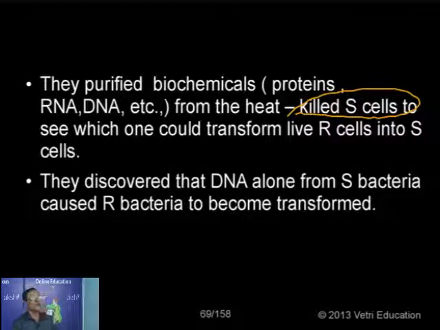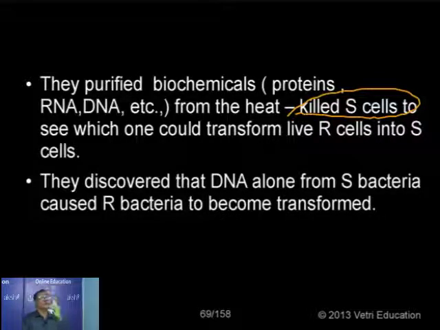In order to find out which could transform the R cells into S cells, which is the transforming principle, whether the RNA, the protein or the DNA, they purified them. By means of the centrifuge method, they collected the proteins, RNA and DNA molecules from the heat killed S strain.